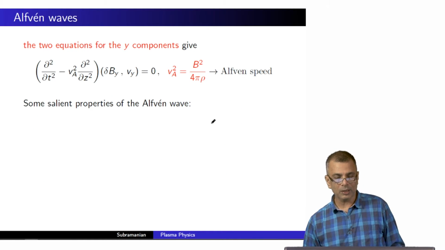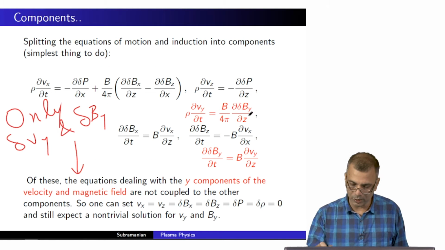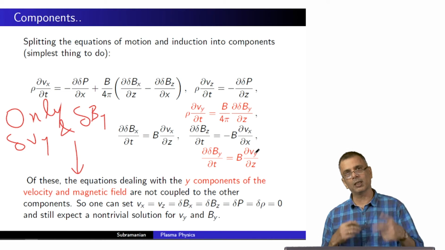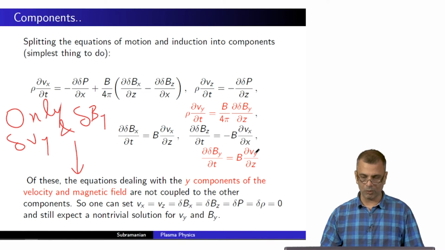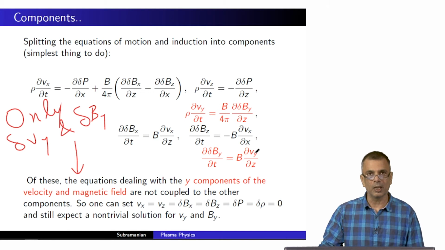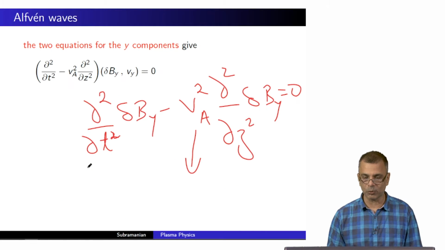So, the thing is, when you look at these two equations, these are two coupled first order equations, and you can parlay them into one second order equation, exclusively in delta Vy or exclusively in delta By, and that's what this is.